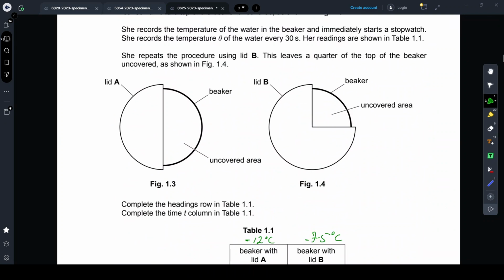Start with a higher initial temperature for the water, or you need to make a change to the experimental apparatus. Use a thinner material for the container.